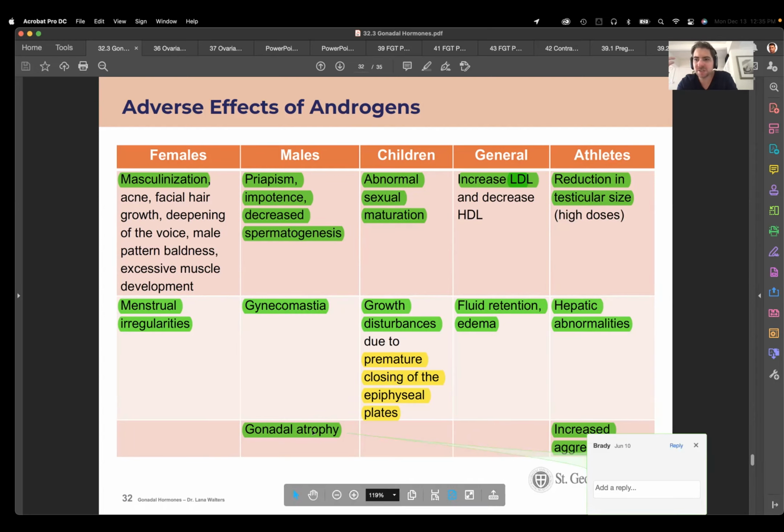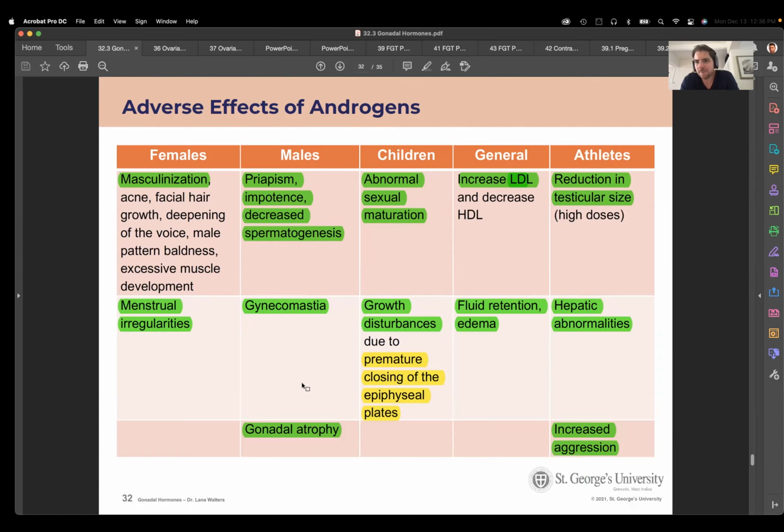If you're using exogenous testosterone, you're not making your own in your testes, so they will atrophy. Just like the adrenal gland will atrophy if you use glucocorticoids, because you're not using cortisol. You have to constantly make it endogenously to grow. So if you're injecting it or something like that, the normal area that would be making it, in this case the testes, will atrophy because they're not being used. Okay.